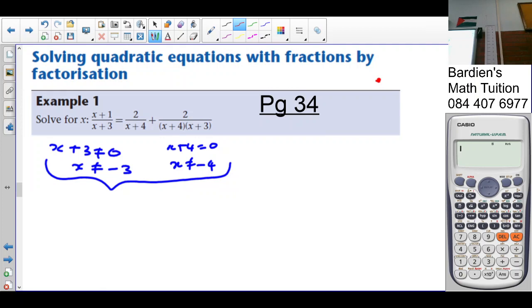Thereafter, we find an LCM. Then we do the restrictions, which come from the LCM. I'll show you now how we do it.